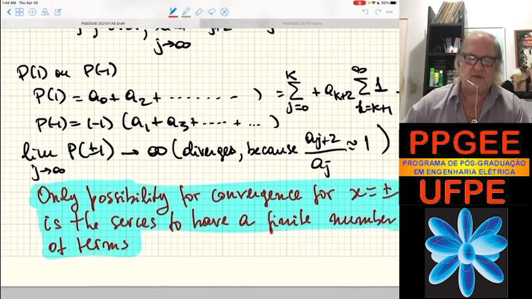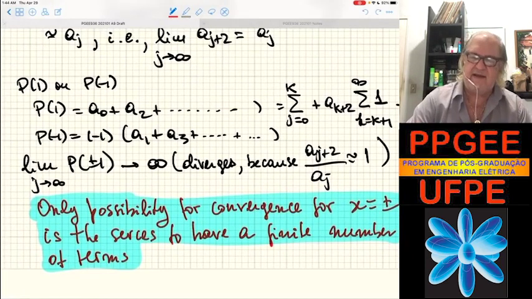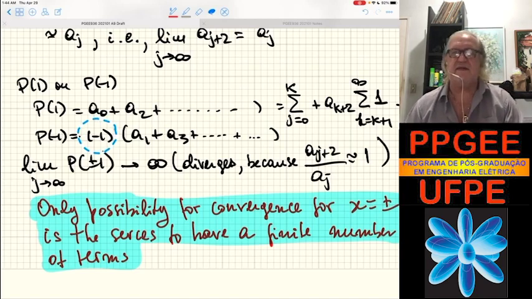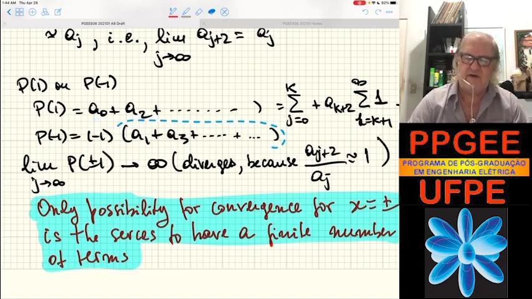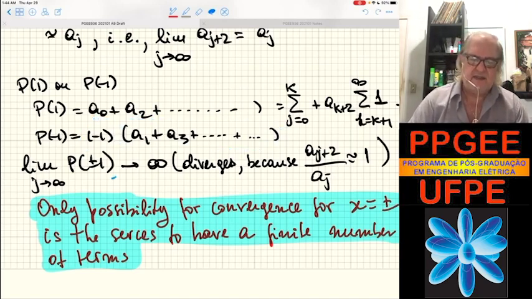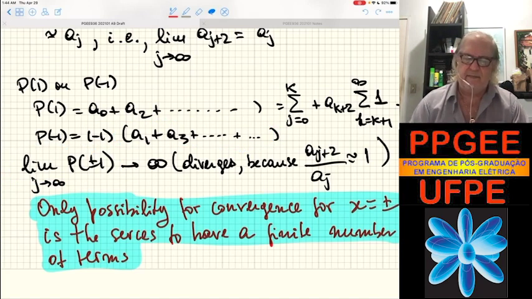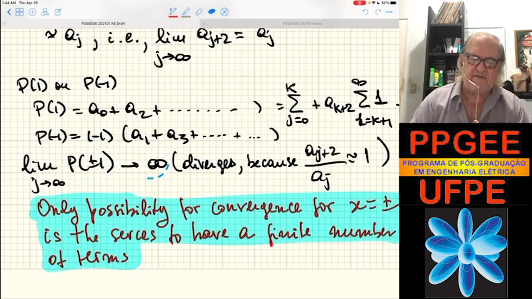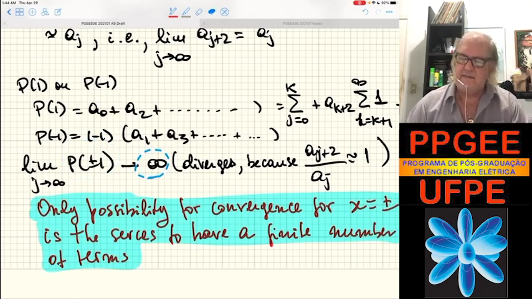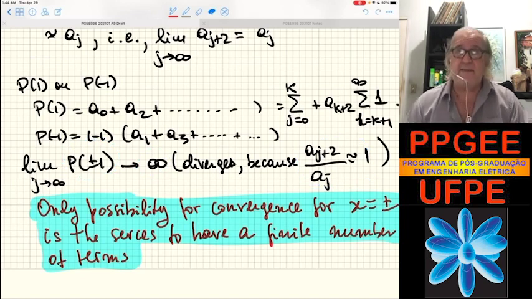If you go to x equals minus 1, the only difference is that you're going to have a minus 1 in front of the sum. And this diverges, right? So P of plus and minus 1 diverges because of this property here. So we have to think about that.